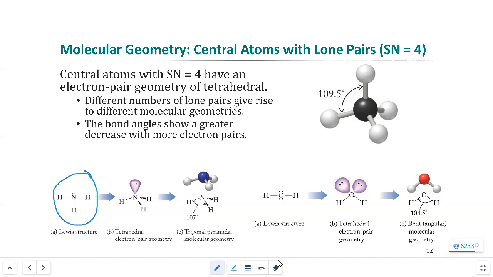We have nothing in this top position anymore. So we have to call it something other than tetrahedral because there's no atom on the top. But what is left? Well, you know what? That kind of looks like a pyramid with a triangle-shaped base. There's trigonal pyramidal right there.